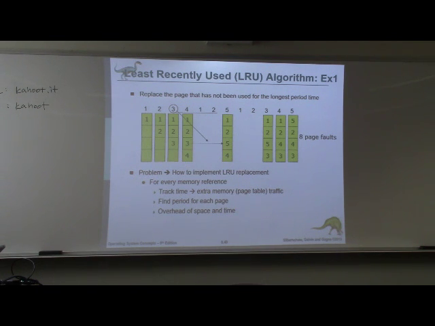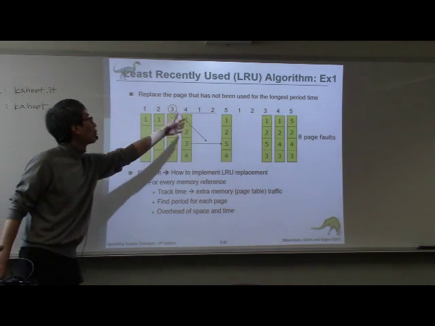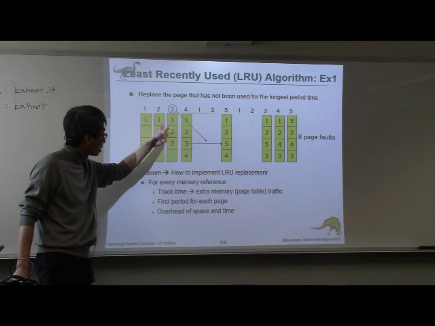The optimal algorithm is not practical because you cannot see the future, but you can guess or estimate it. We will see that briefly later. But for practical reasons, why don't we take a look back?